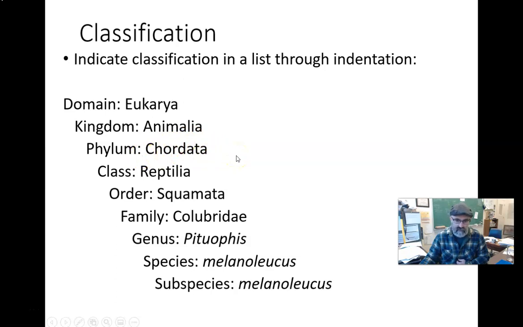It's a chordate because it has a notochord and a postanal tail, et cetera, all the way down. Now, to be in the same subspecies, you have to have very specific characteristics in common, because there's a bunch of colubrid snakes, and they share some characteristics, but not as specific as members of Pituophis melanoleucus. Okay.